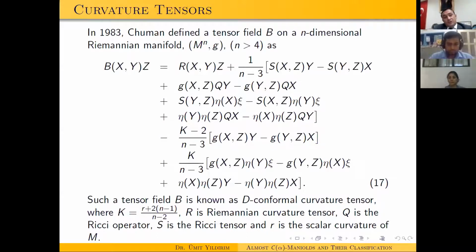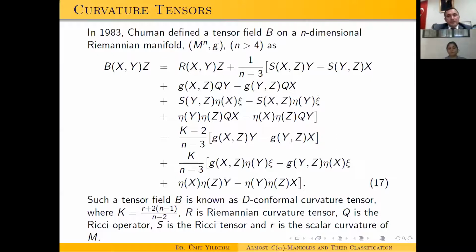Other curvature tensors. Schouten defined a tensor field B on an n-dimensional Riemannian manifold (M, g) by this equation. According to me, this is a very important curvature tensor.